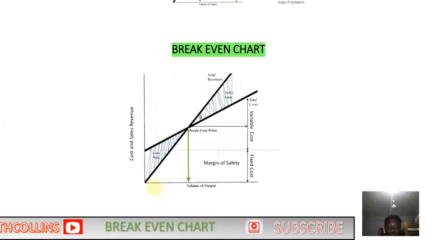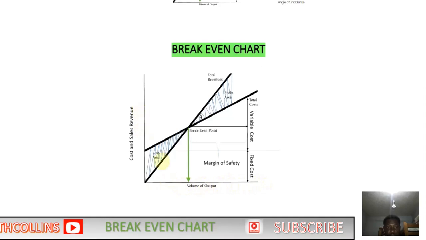On the x-axis we have the volume of output. The volume of output is the amount of products you want to produce, right? It's the amount or the number of products. So using the sachet water example, maybe 10 will be here, 20 will be here, 30, 40, 50, 60.